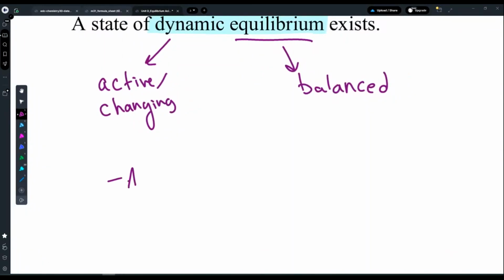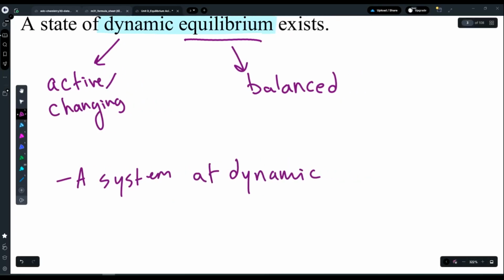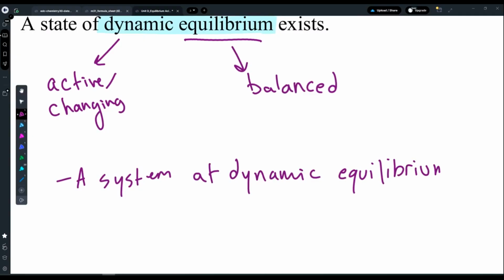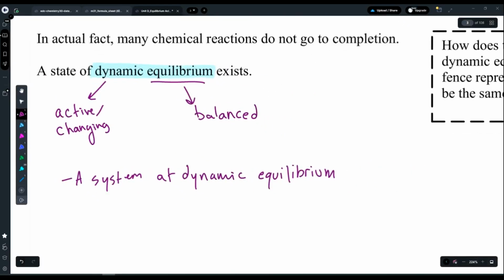So a system that's at dynamic equilibrium is not going to look like there's much happening if you're just staring at a beaker where you have some sort of reaction at equilibrium. You're not going to see any changes.